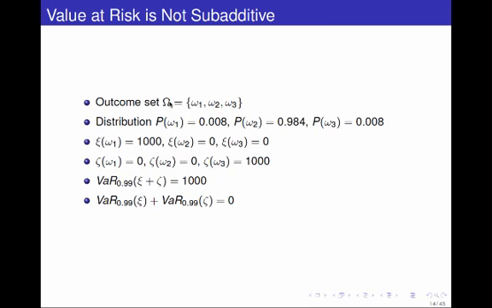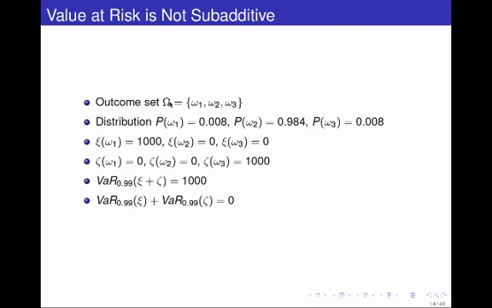So the probability of omega 1 happening is 0.8%. The probability of omega 3 happening is 0.8%. And everything that happens in between with the price of the stock is omega 2, and that probability is 98.4%.